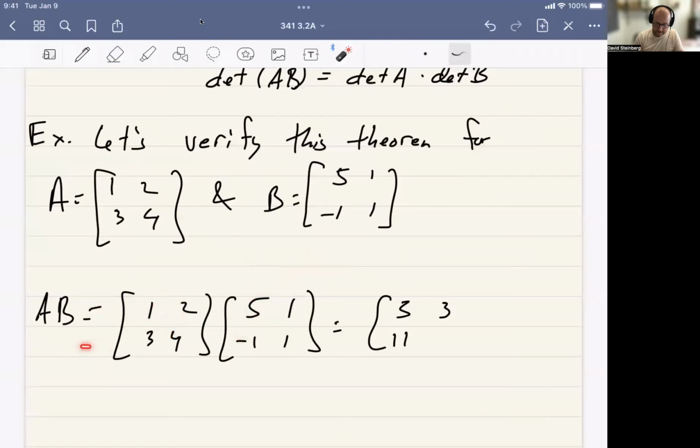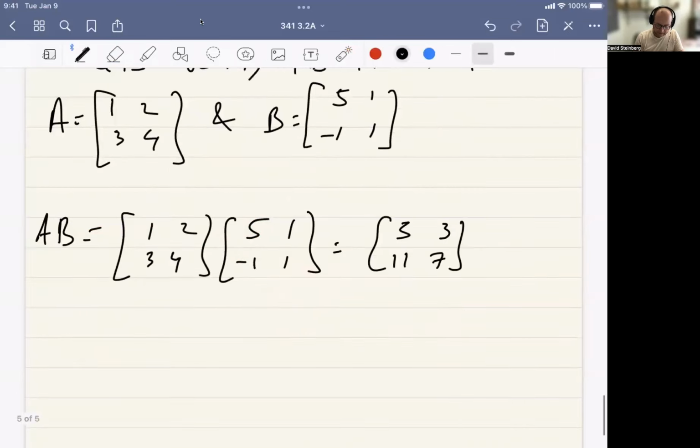And then finally, 3 plus 4 is 7. And so the determinant of AB is just 3 times 7 minus 3 times 11, which is 33 minus 21 is 12, so the opposite would be -12.